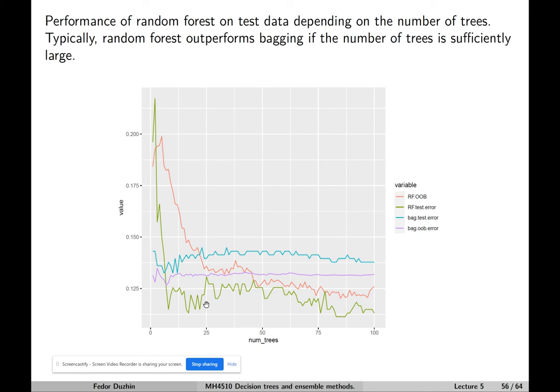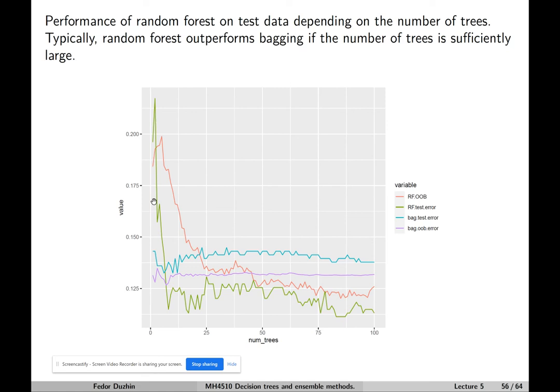We did not let these trees grow optimally to make the best predictions possible. So because of that, when the number of trees is small, the out-of-bag error is not very good, right? And for a few trees, the out-of-bag error and the test error of random forest are worse than those for bagging.